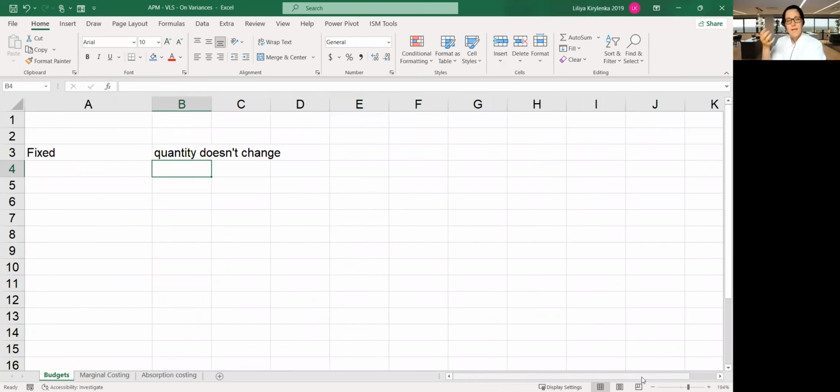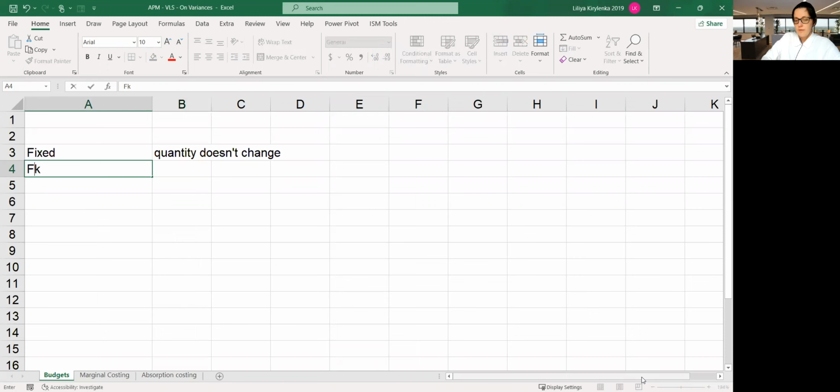This budget can be useful only for several departments or several lines of P&L that do not change much depending on the volume. So, for example, in a normal company, the administrative expense, the expense on the accounting team, is probably going to be measured based on fixed values. So it's going to be a fixed budget because their work does not really depend on the quantity of output.